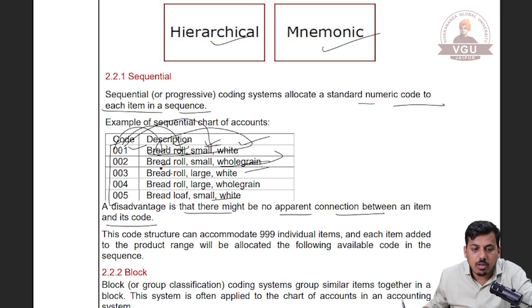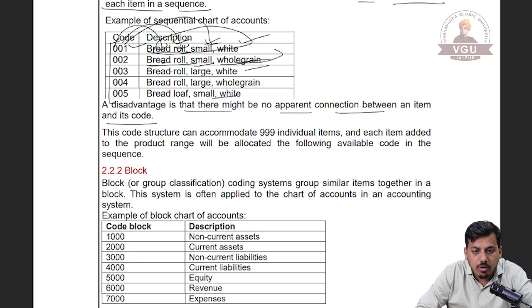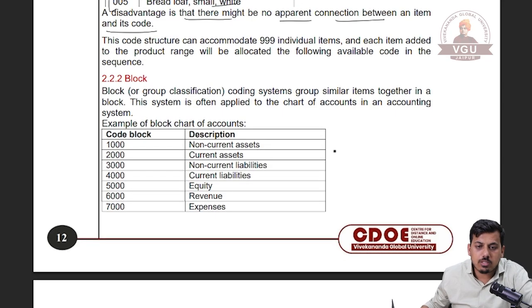It is not a specific code for bread roll, for small, for whole grain. It can be anything. This code structure can accommodate 999 individual items, and each item added to the product range will be allocated the following available code in the sequence. There are 3 digits, that is why we can add up to a maximum of 999 products.